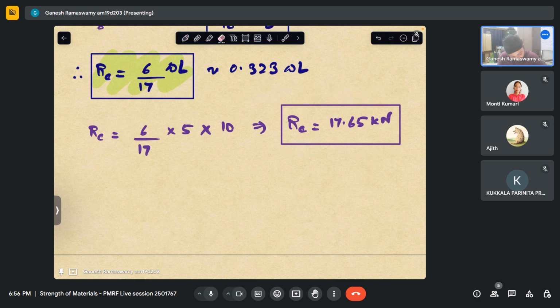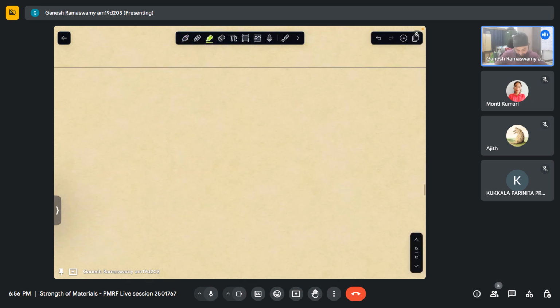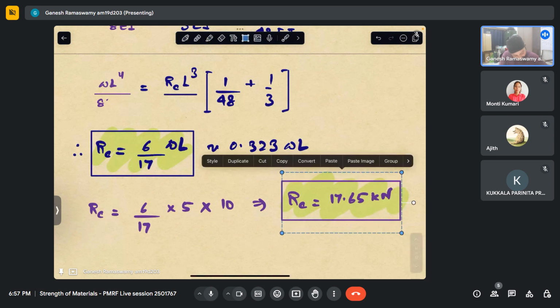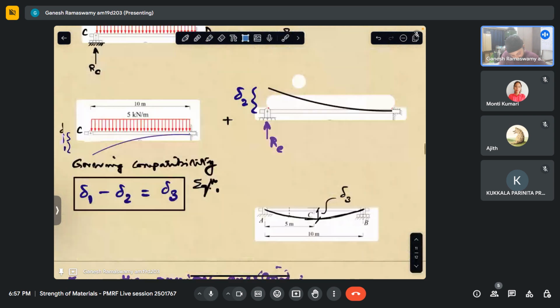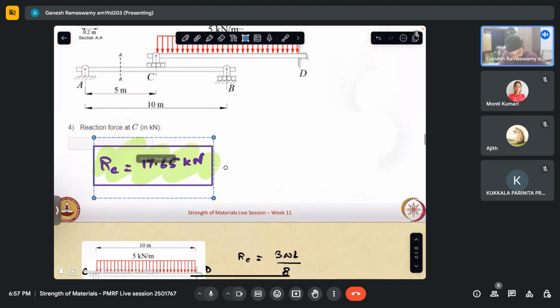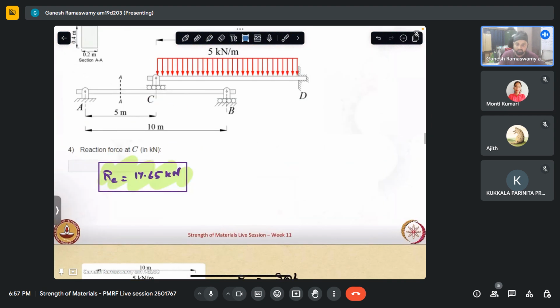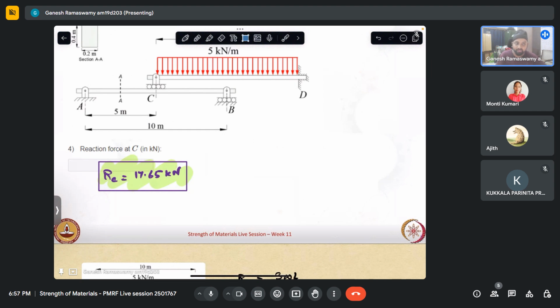So let us put this where it was asked. For this problem, RC we have successfully calculated. Now next what is asked is what is the actual deflection at point C, which happens to be non-zero. So we can calculate that using either of these.